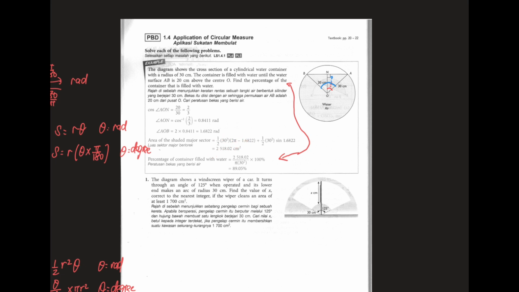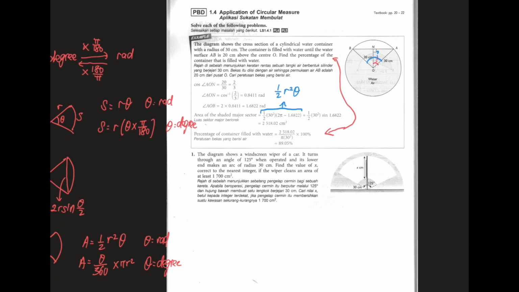This is actually the formula that we learned just now, 1 over 2 r squared theta. They are using this formula. It's just that we have to know there are actually two situations.